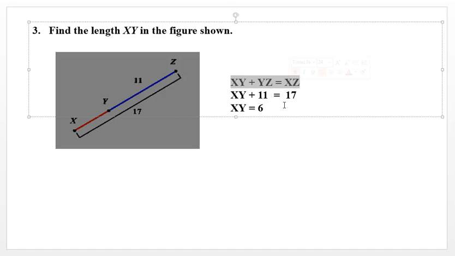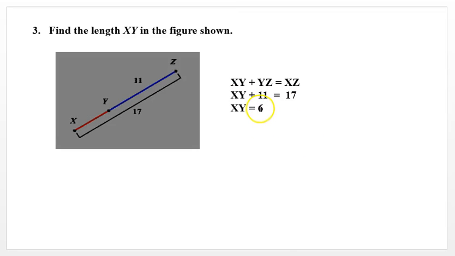That is the segment addition postulate. Plug in what you know. You don't know XY, that's what we're trying to figure out. We know that YZ is 11, and XZ is 17. All right, you have an equation. Solve it for XY, and XY is 6.